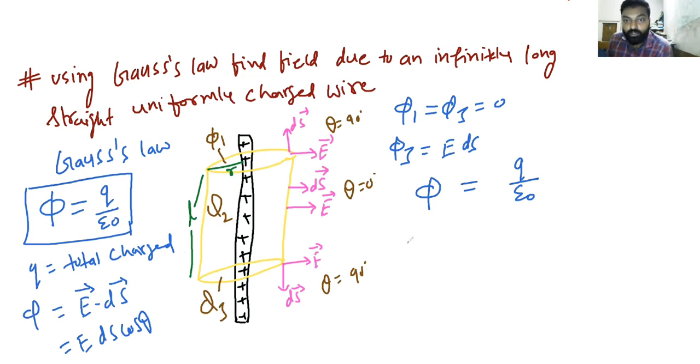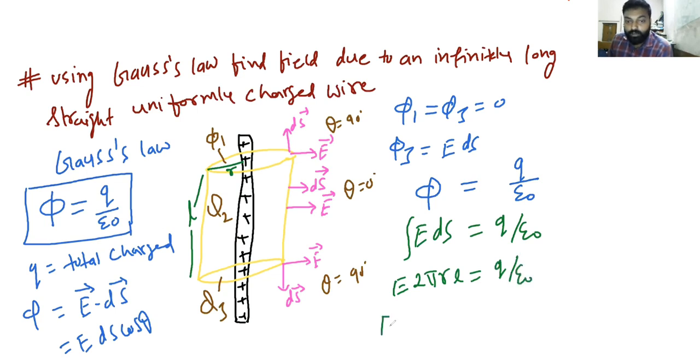So flux equals integral of E dS equals Q upon epsilon naught. E is constant, and dS is the curved surface area of the cylinder, which equals 2 pi r L, equals Q upon epsilon naught. So E equals Q upon 2 pi epsilon naught r L.